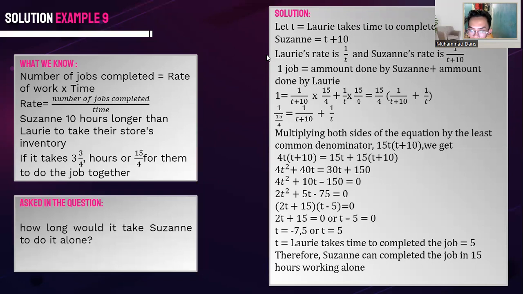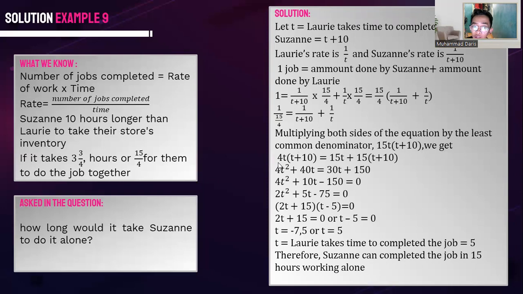And then we can divide both the left side and right side by 15/4. 1 per 15/4 is equal to 1 per t plus 10 plus 1 per t. Then multiplying both sides of the equation by the least common denominator, 15t times (t plus 10).